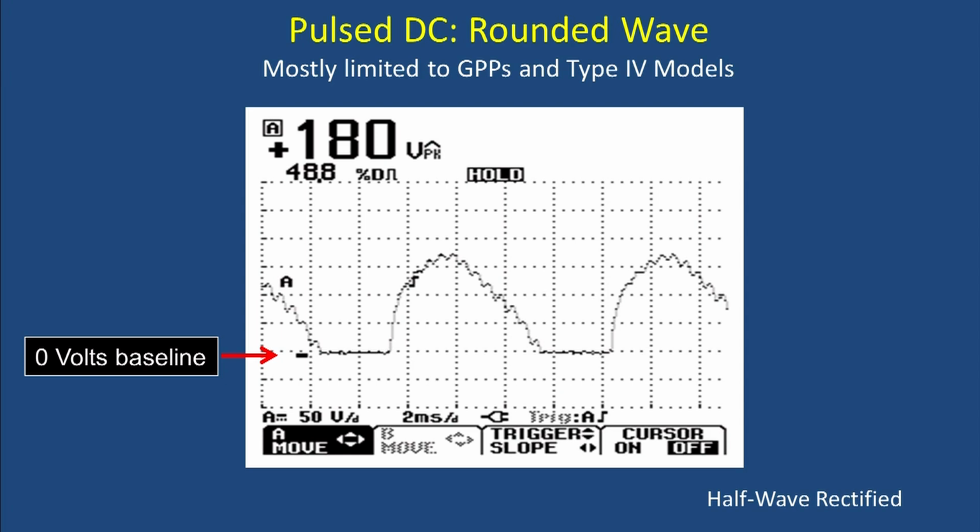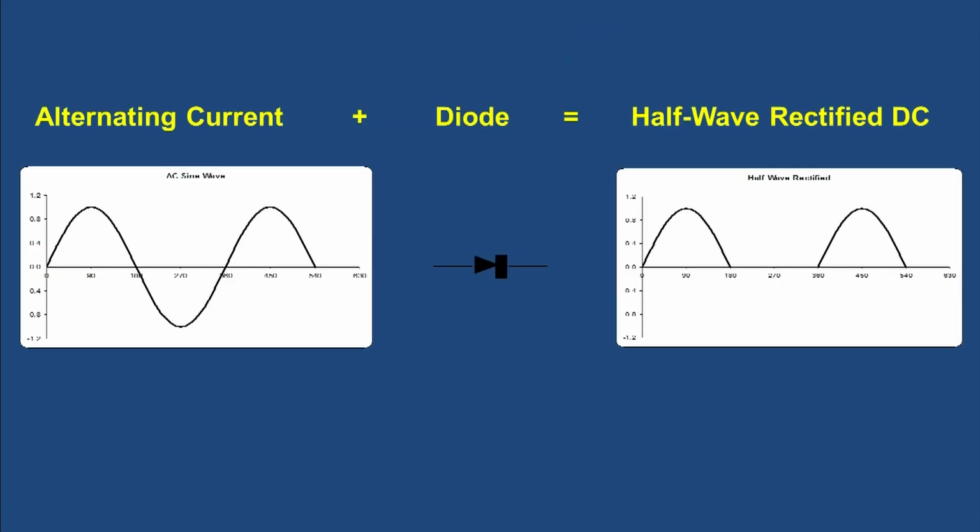And these are rounded waves that mostly you'll see pretty much limited to GPPs and type 6 control boxes, but they're generated from a rectified AC, and so you see this kind of rounded presentation. How that's done is alternating current, which we haven't talked about quite yet, is a sine wave.